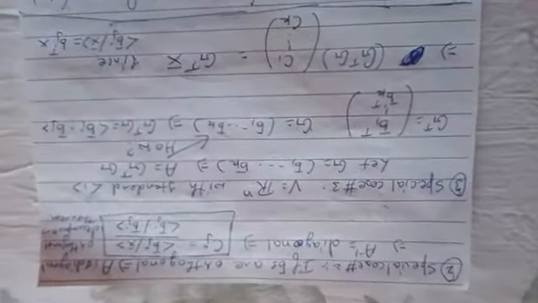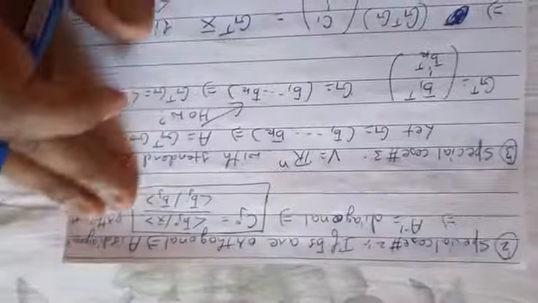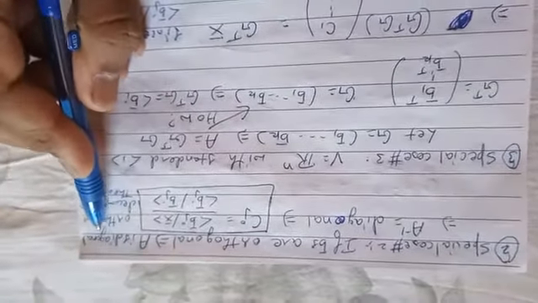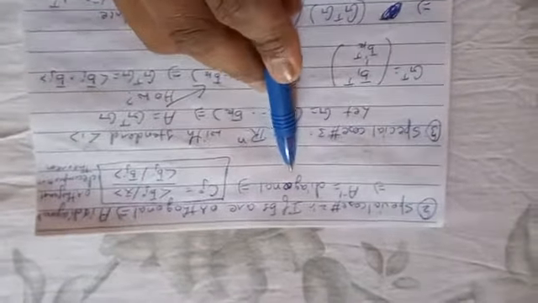Now the next special case is if the bases are orthogonal. In that case, as you have seen from the notes, the matrix A becomes diagonal. Therefore A inverse also becomes diagonal.